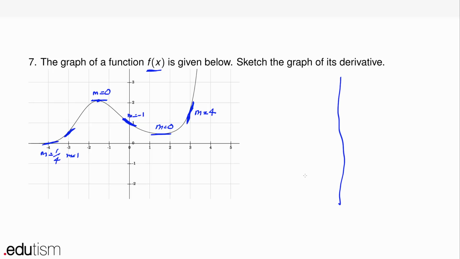So we can use those points to draw some points on the graph of the derivative. When x is negative 4, the slope is 1/4, so the derivative is going to be 1/4. At x equals negative 3, the slope is approximately 1. At x equals negative 1.5, the slope is down to 0.